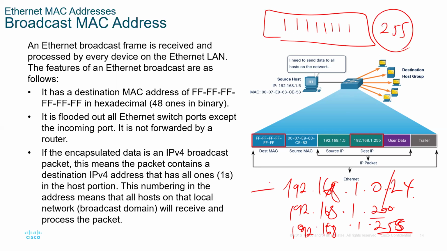So in this network, if I'm to send a broadcast, this host portion will need to be all ones. That's why we have 255 here. That is what we call a broadcast address. So with MAC it is all Fs, with the IP address, all ones on the host portion of the address.